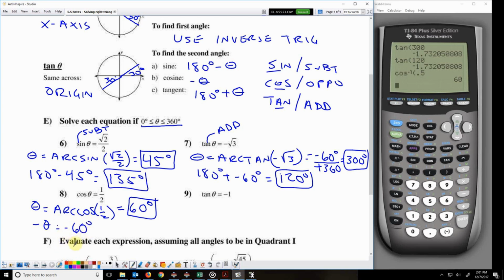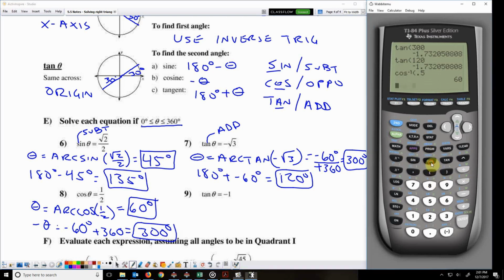And that is not between 0 and 360, so I need to add 360. And I get 300 degrees. So to check that, 1/2 is 0.5. I really don't need to put that in. Cosine 60 and cosine 300 both equal 1/2, or 0.5.